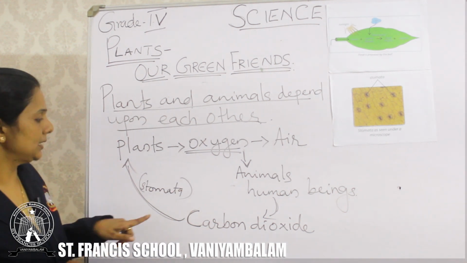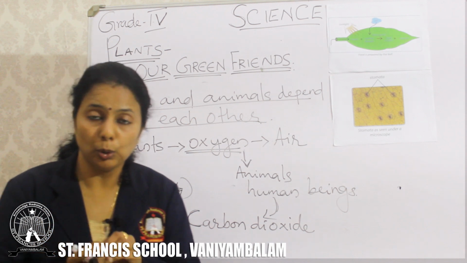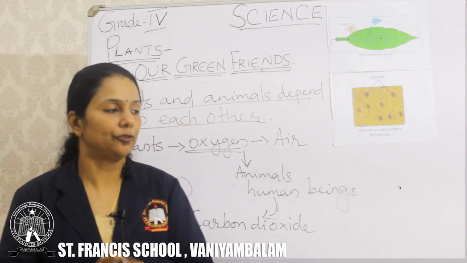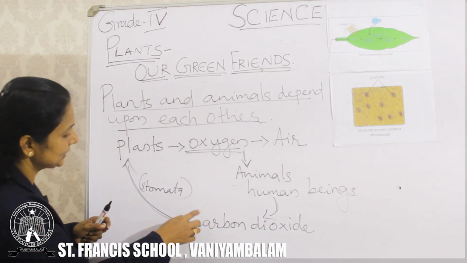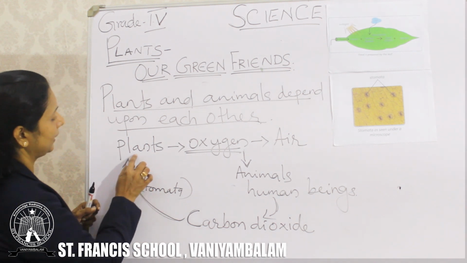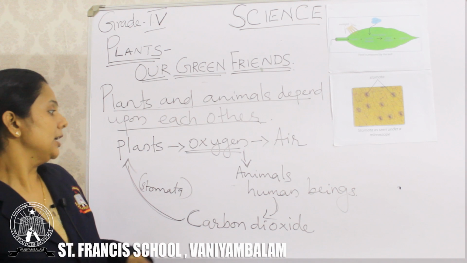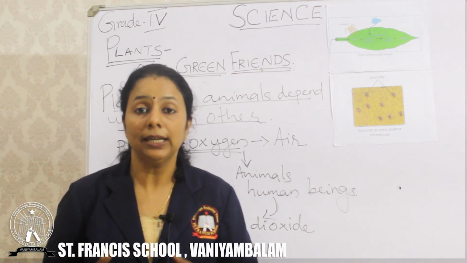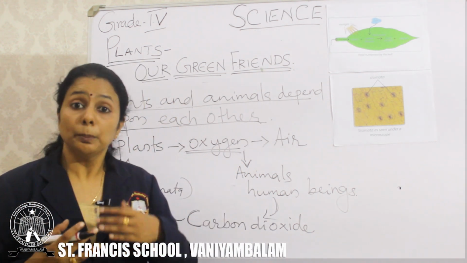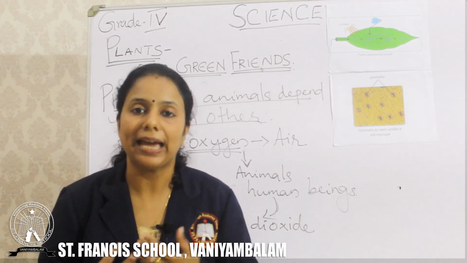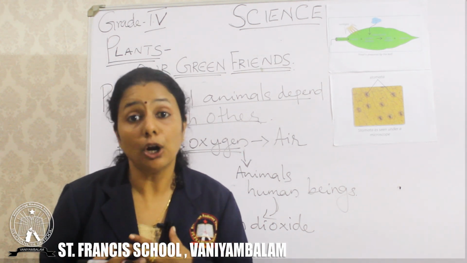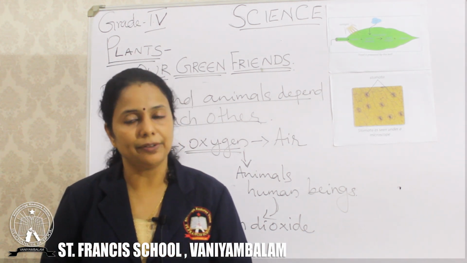As we have discussed, through the tiny pores present on the surface of the leaves, this carbon dioxide is taken in through the stomata into the plants. So plants take in carbon dioxide. That is why we are saying both plants and animals depend on each other for their survival.